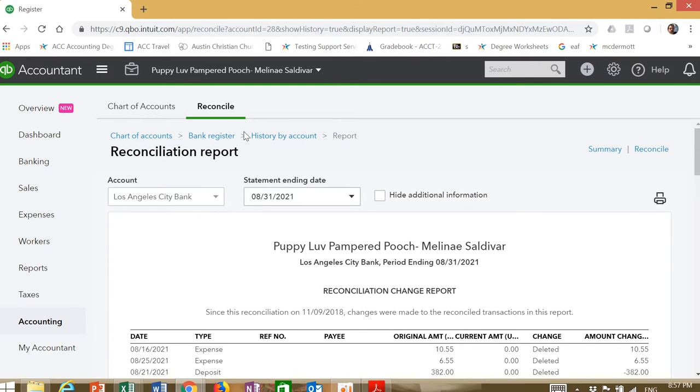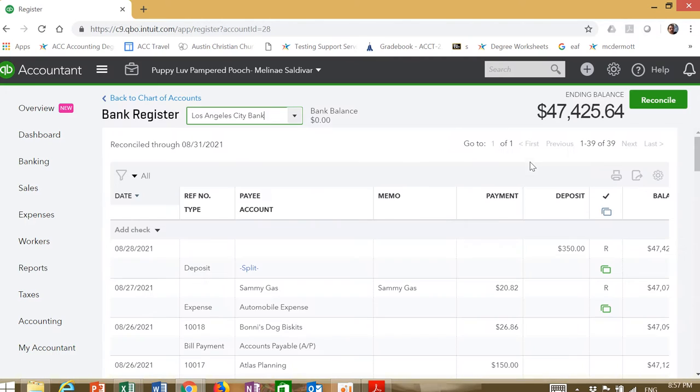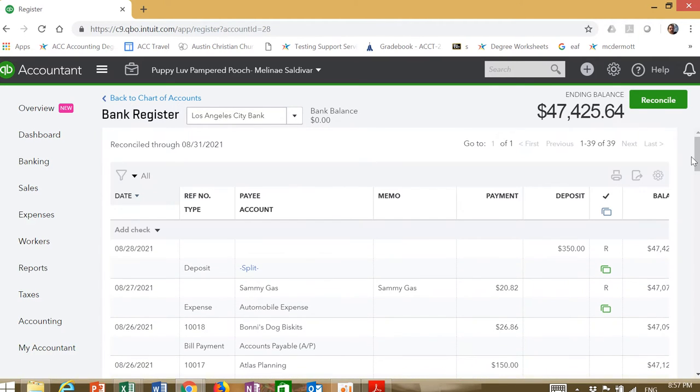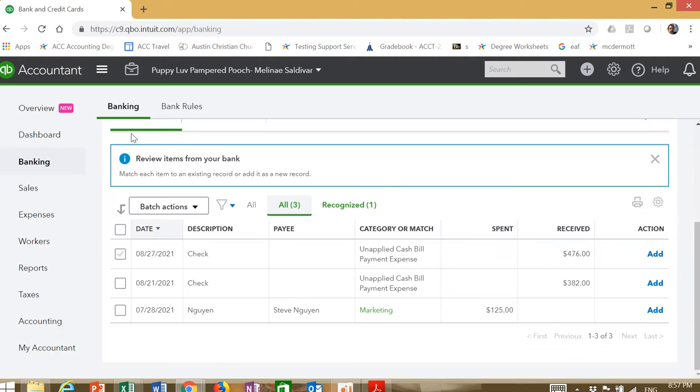Okay, so let's see if we can go back in to the register. Yeah, so the big problem is that on this bank feed here, these should match up to some deposits, but they don't.